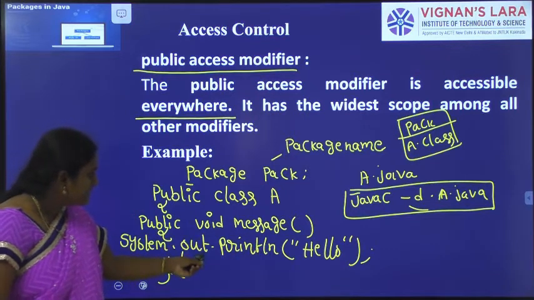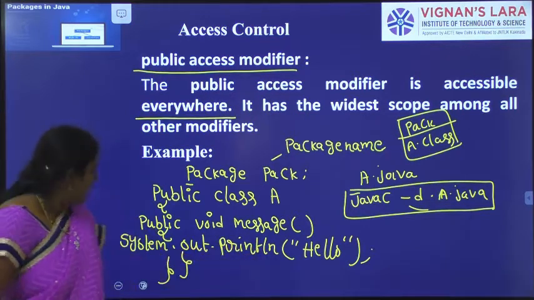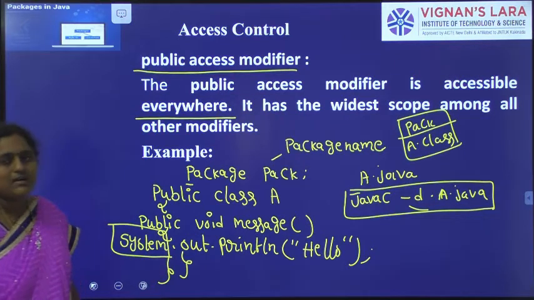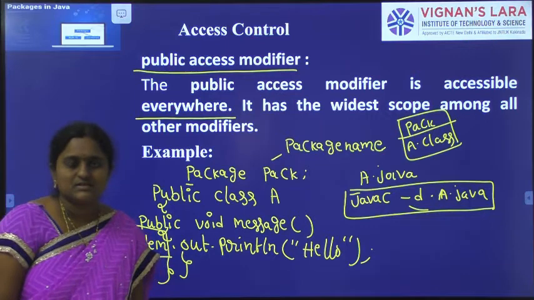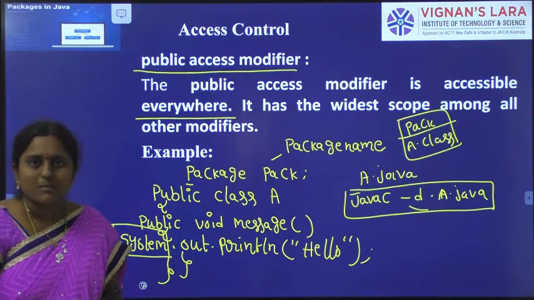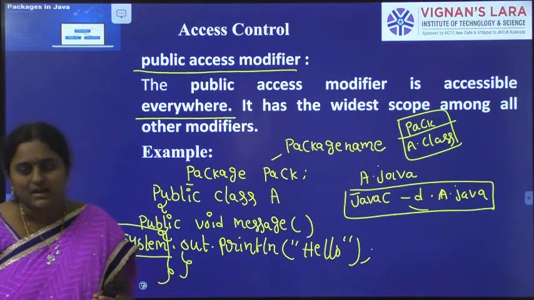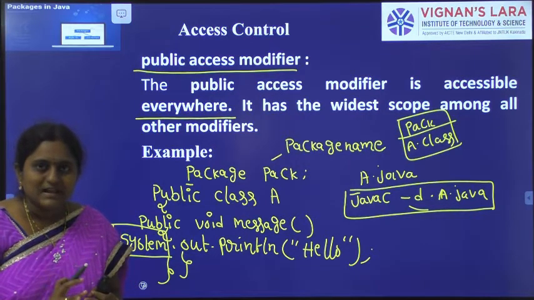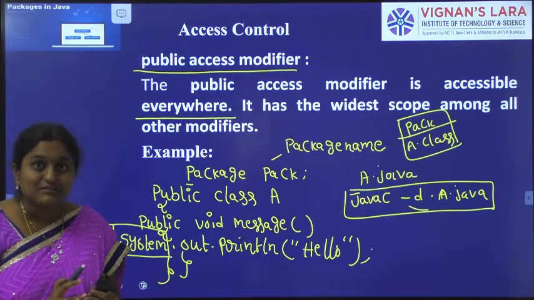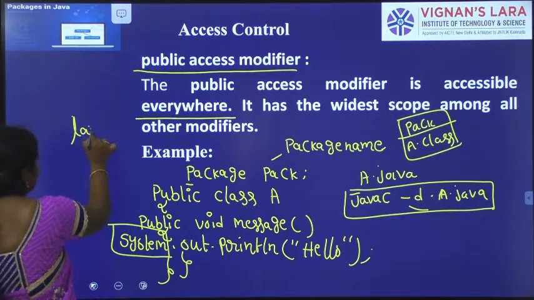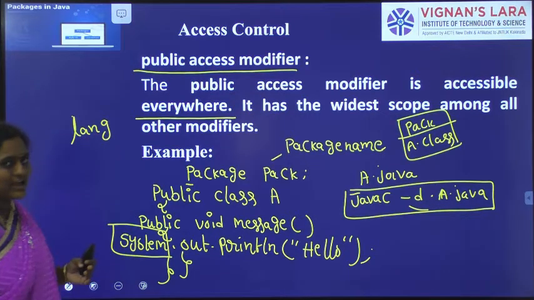What is the body of this method? System.out.println hello. Already I told you, System is a class. Java is a collection of classes and objects. In Java, every class is a part of a package, directly or indirectly. System class is present in which package? The lang package.